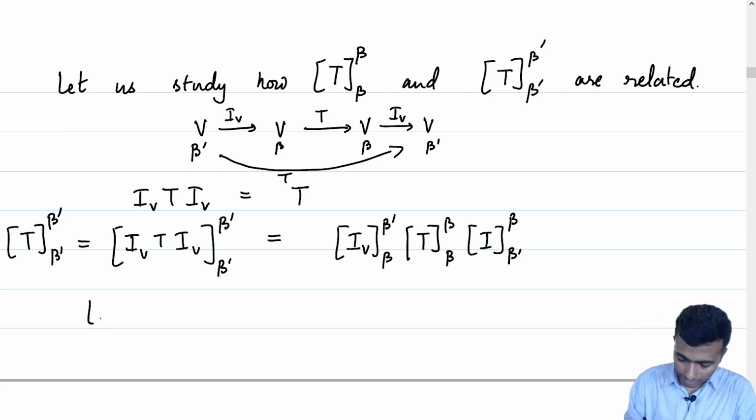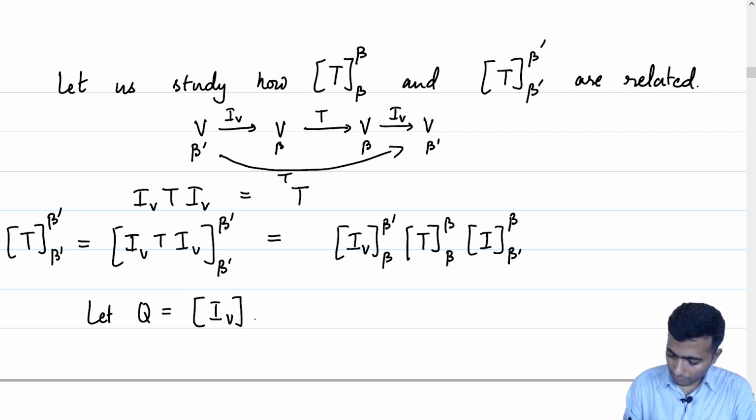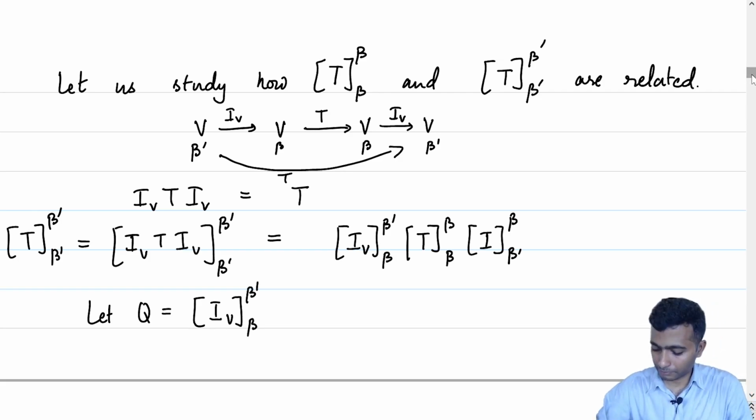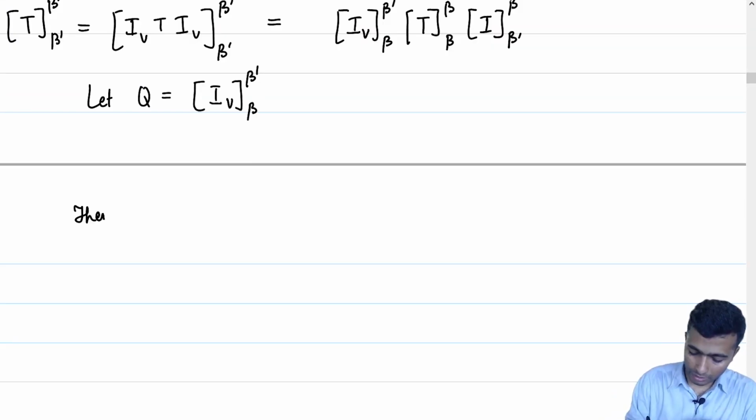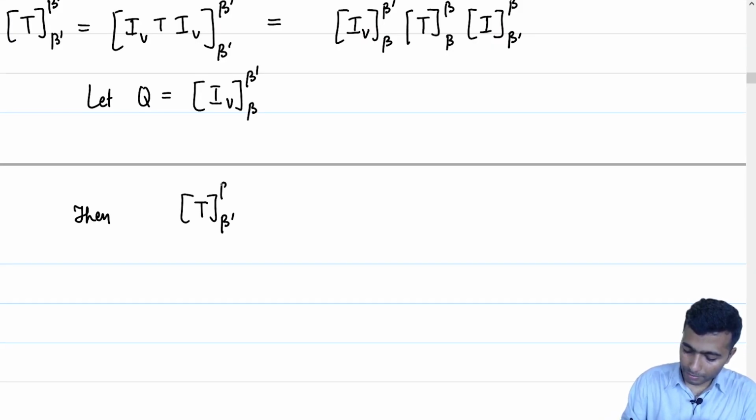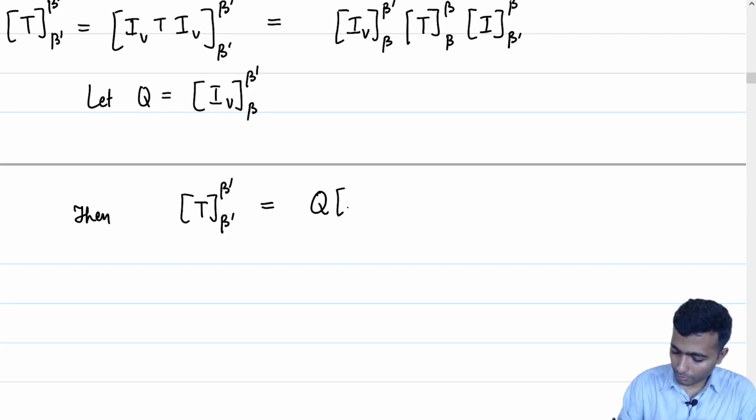So, let Q be the matrix IV from beta to beta prime. Then T beta prime is equal to Q T beta Q inverse.